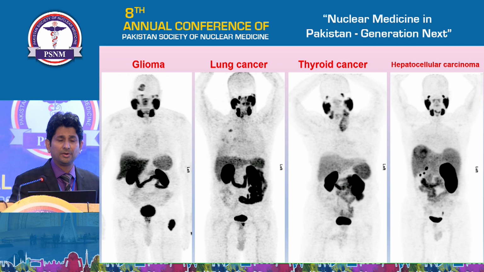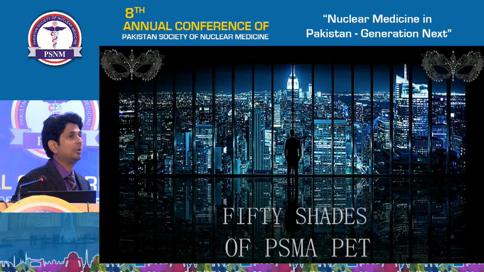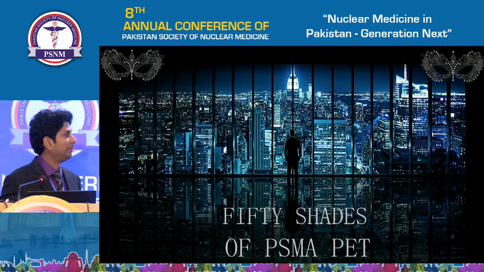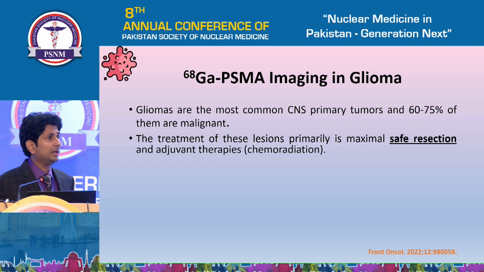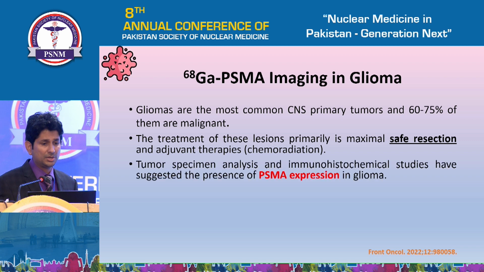So these are the different examples. We are looking at 50 shades of PSMA, not 50 shades of gray, but I will show you half of it, the different shades of PSMA imaging in tumors other than prostate cancer. Number one is gliomas, the most common CNS tumors. The treatment is, as you know, safe resection, and then adjuvant therapies like chemoradiation.